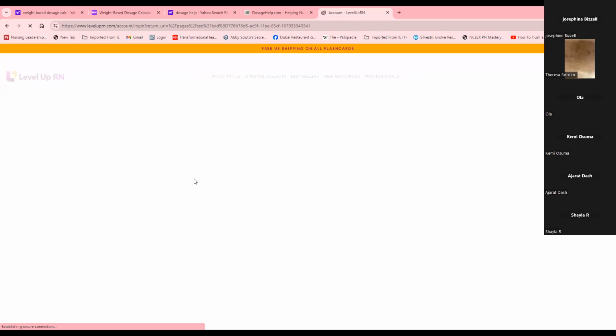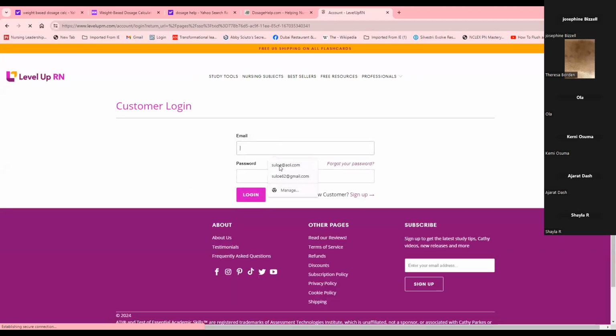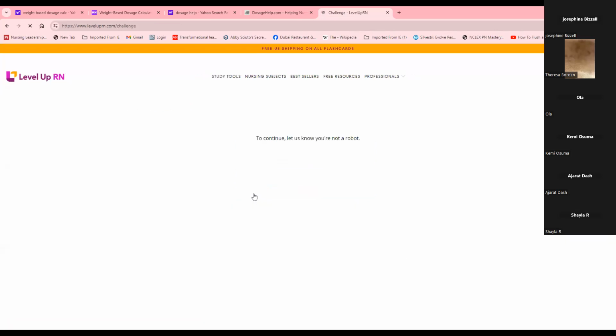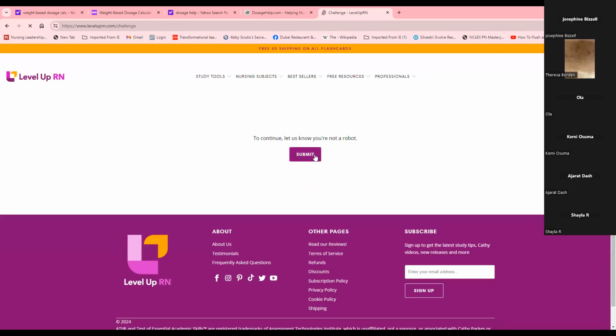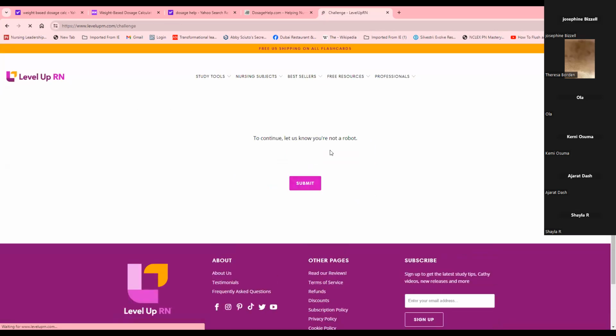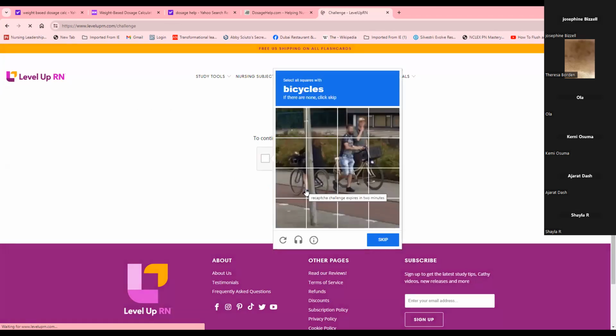I'm just trying to pull up something else because I want to show you guys another step of these. You may not have to go to that full step on your test, but I want you to know how to do that full step so you understand the intent behind it. Because when you're doing weight-based, if you're going to calculate the number of mLs you're going to give, you first have to do that weight-based calculation.